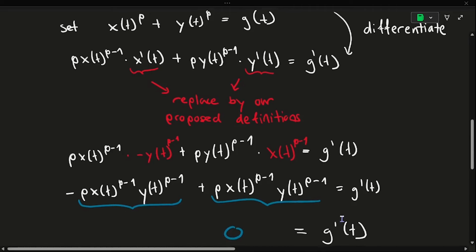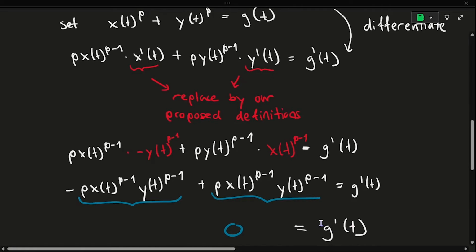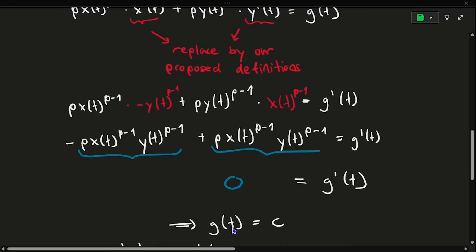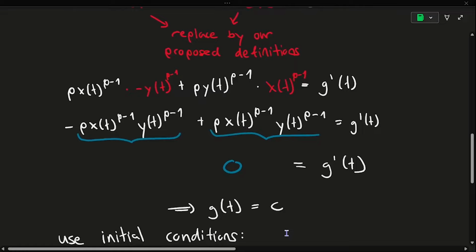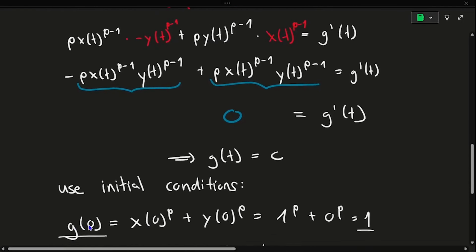And therefore, if g prime of t is 0, that means that our original g was a constant. And then we can use our initial conditions to see that if we plug in g of 0, we will get that this constant is precisely 1, and it stays as 1 because it's a constant function.